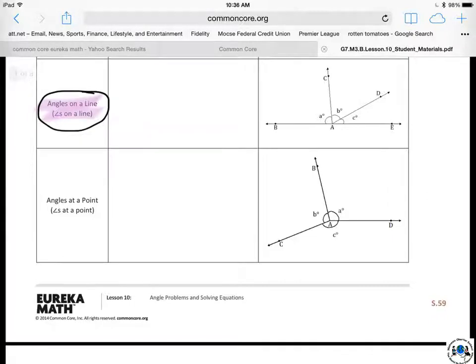So in this case we have angle A, angle B, angle C. So all this is going to be A plus B plus C, which is going to equal 180 degrees.